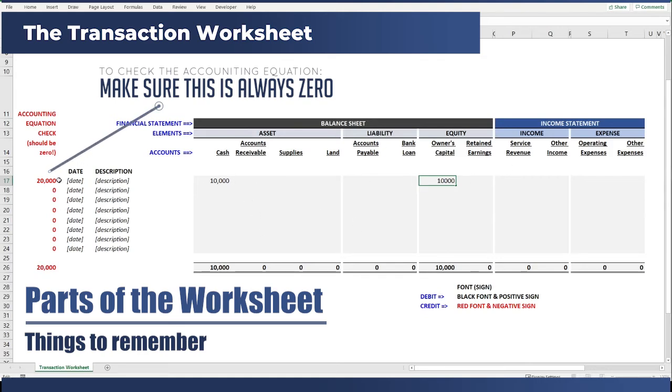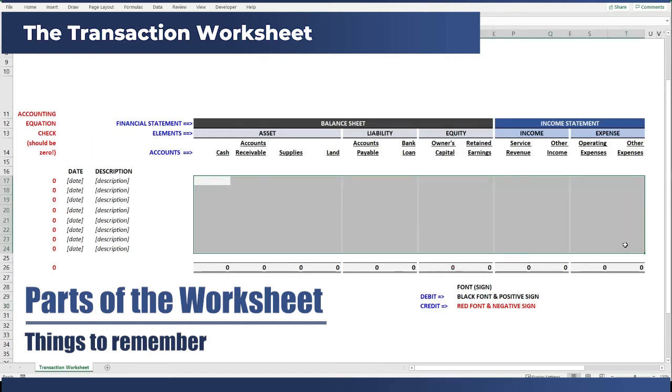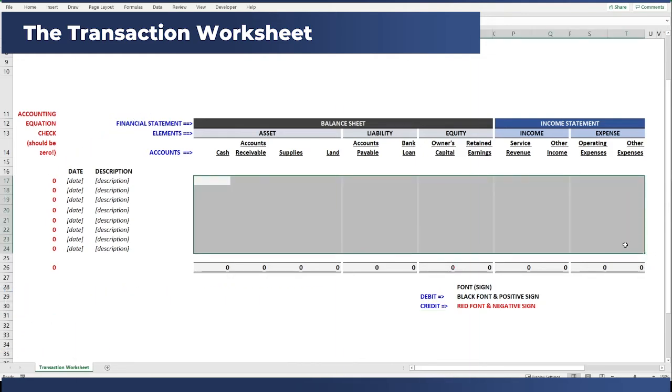You will only see that by noticing that there is a 20,000 here and it's not zero. So if you put this as a negative sign, you know that you have a debited cash, credited owner's capital, because a red font and a negative sign is a credit, and you have a zero accounting check. So that is the transaction worksheet that we will be using in this video.